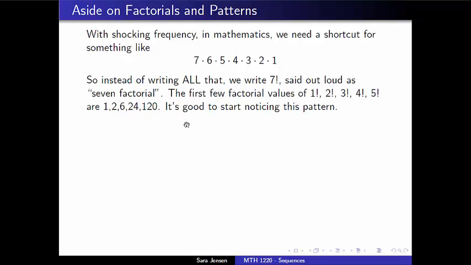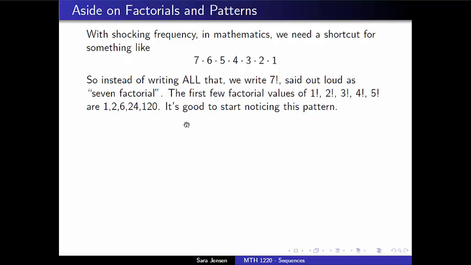And a factorial is something that comes up shockingly frequently in mathematics. It is a shorthand for taking a positive integer, like 1, 2, 3, 4, 5, 6, 7, and whatever that number is, we want to multiply it by all the positive integers that are less than or equal to it.